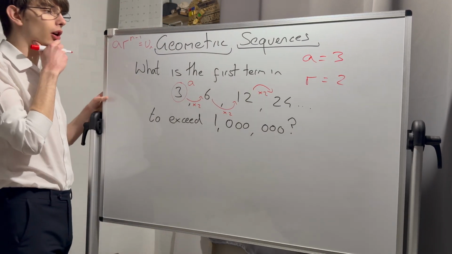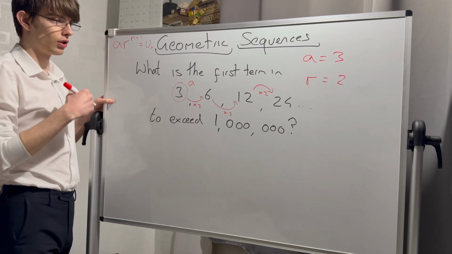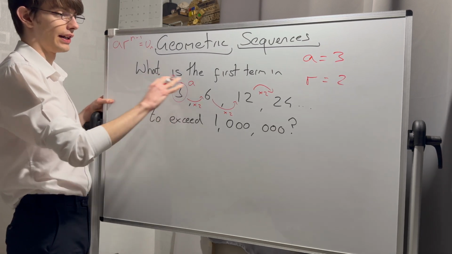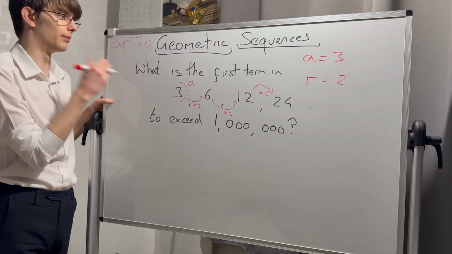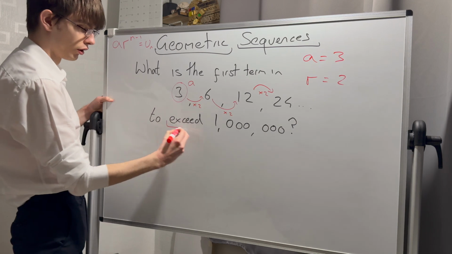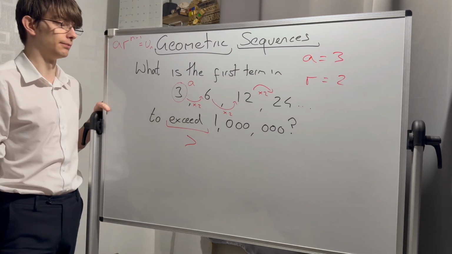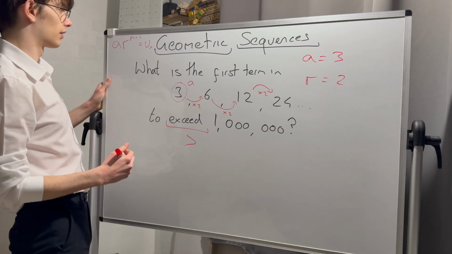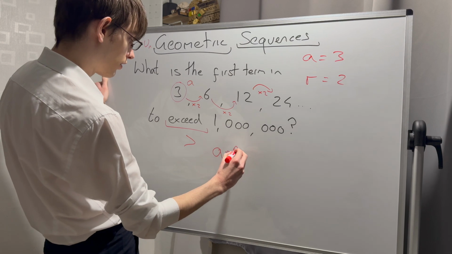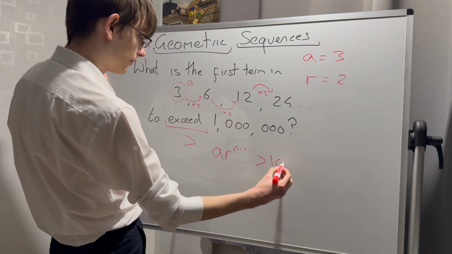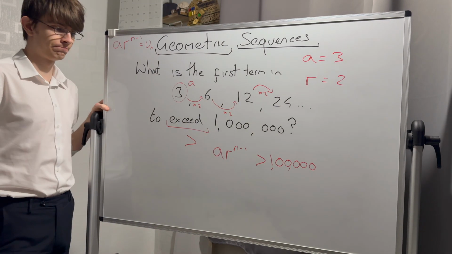Now, I am asked to find the first term where my sequence will reach 1 million or exceed 1 million. So, keyword exceed, I'm looking at something that's greater than. So I am asked to find the first term whereby AR to the n minus 1 is greater than 1 million.